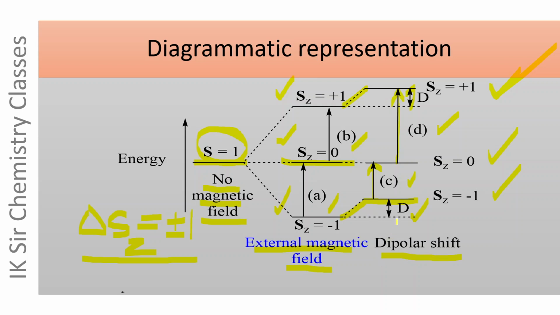Two spectral lines are expected in the ESR spectrum. Here it is a noteworthy fact that the dipolar shift D is smaller than the splitting caused by the main magnetic field.